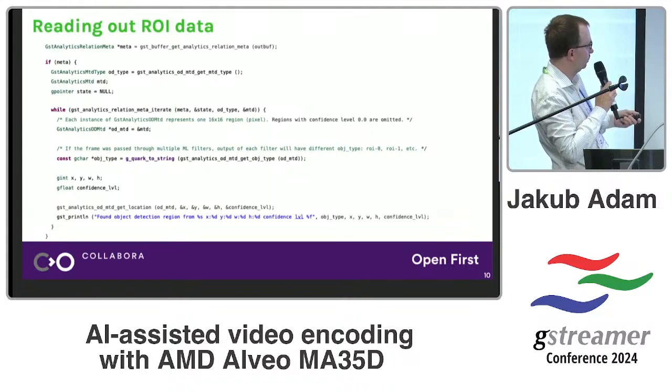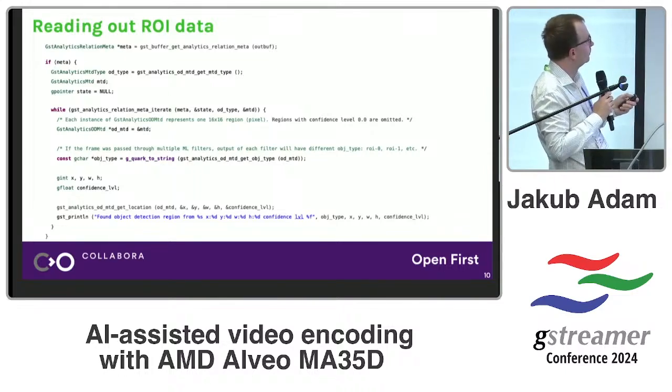Here you can, for example, print out the confidence level of that region. In the original sideband data, it's 0 to 255. Here it is converted to 0 to 1, as is standard for the analytics object detection meta.